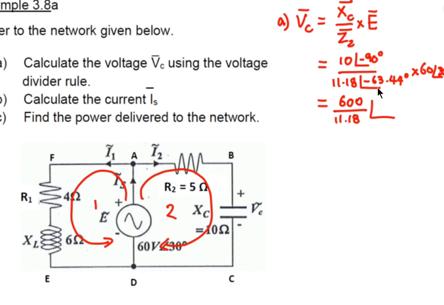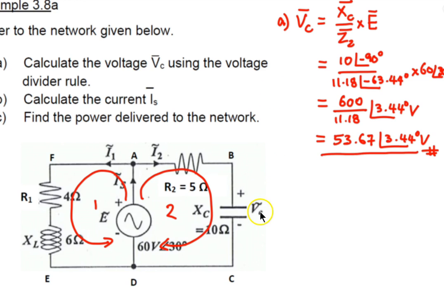That gives me 53.67 at the angle of 3.44 degrees volts. So that's the voltage across the capacitor here.